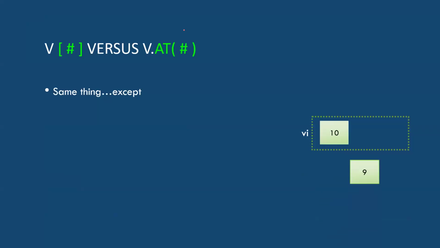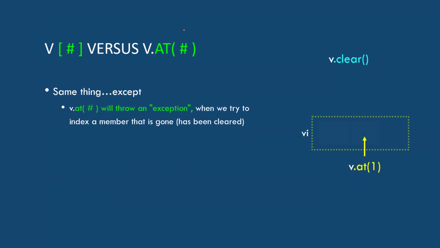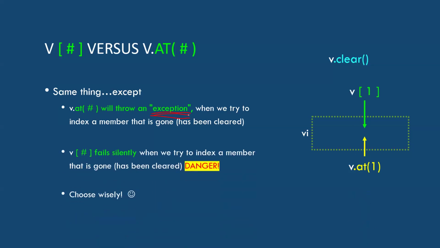So now, when we do something like this, if we say vc.clear, we're good. If I say, hey, what's at position 1 after I do a clear, we're going to get an exception, which is another way of saying controlled crash, okay? Our program's going to stop and we're not going to continue because that thing no longer exists, okay?